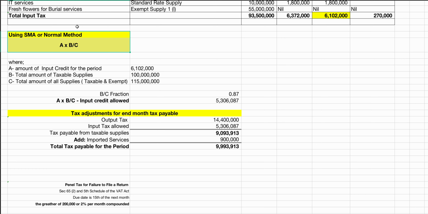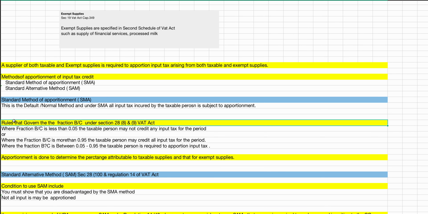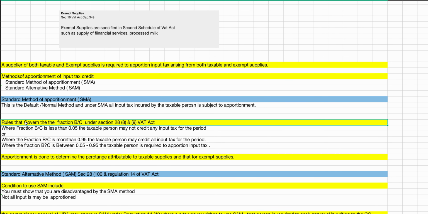I just dived in here to have a small glimpse of the method, a breakdown of what it means. So I'll go back to where I was trying to explain the rules that govern the fraction under section 28 and 9 of the VAT Act.